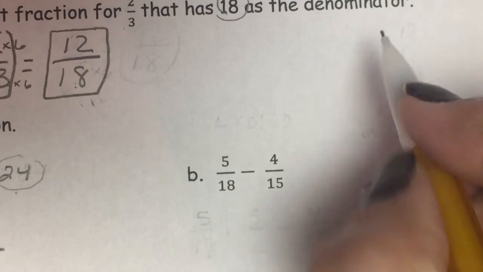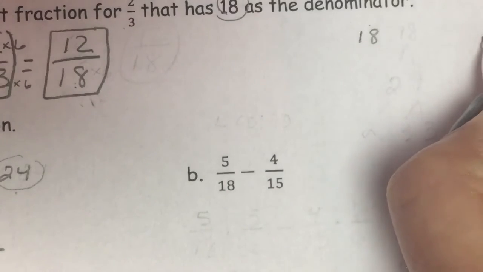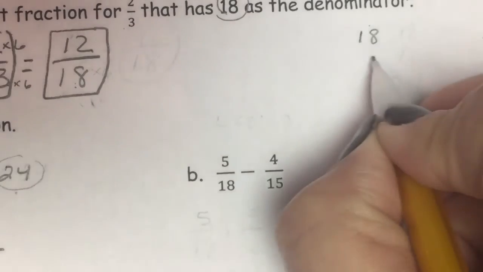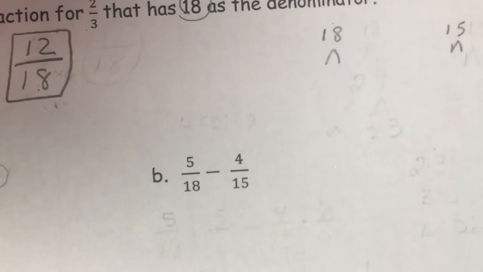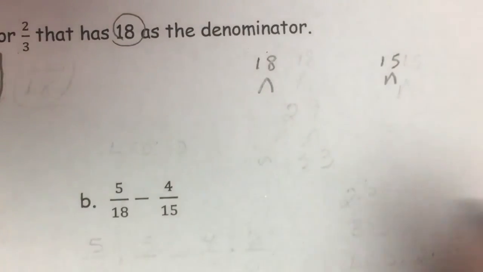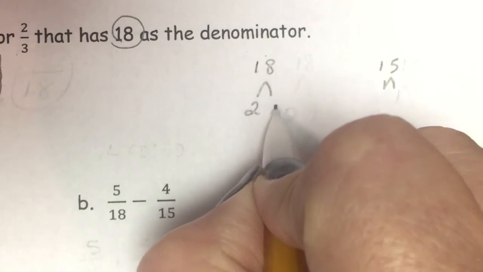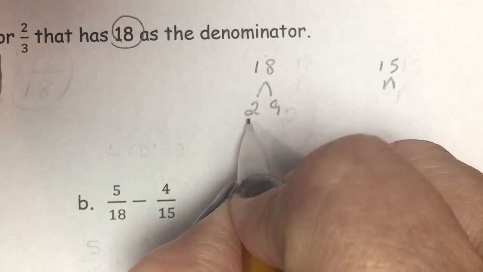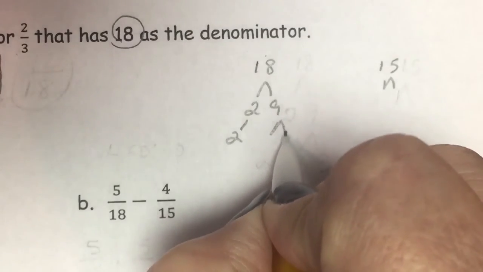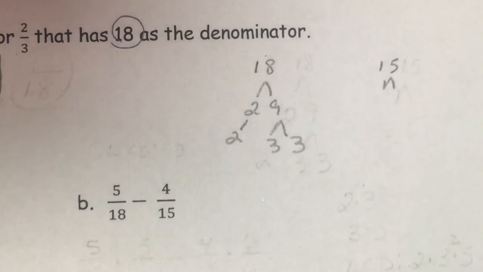So if I take 18 and make its factor tree, and I'm going to take 15 and do the same thing. Oops, let me get over here so you can see the 15. All right, so what multiplies together to get 18? Well, 2 times 9 does. The 2 doesn't break down any further, but your 9 breaks down into 3 times 3.